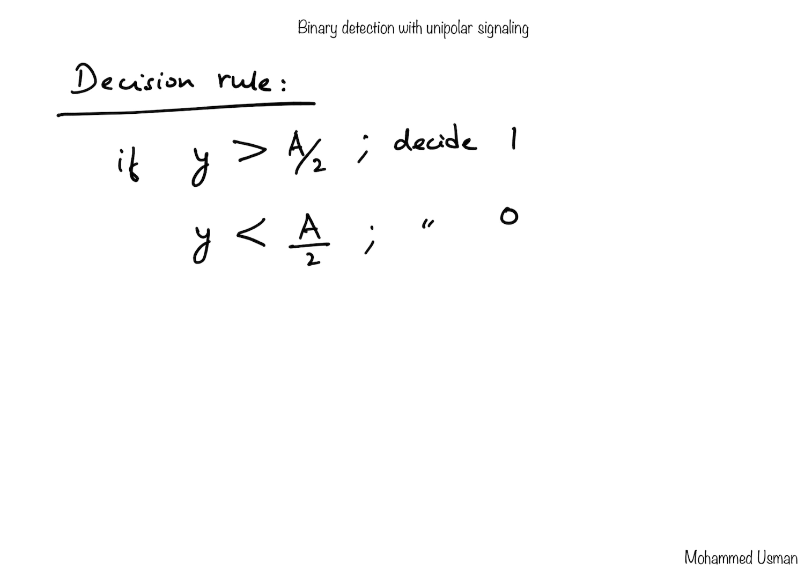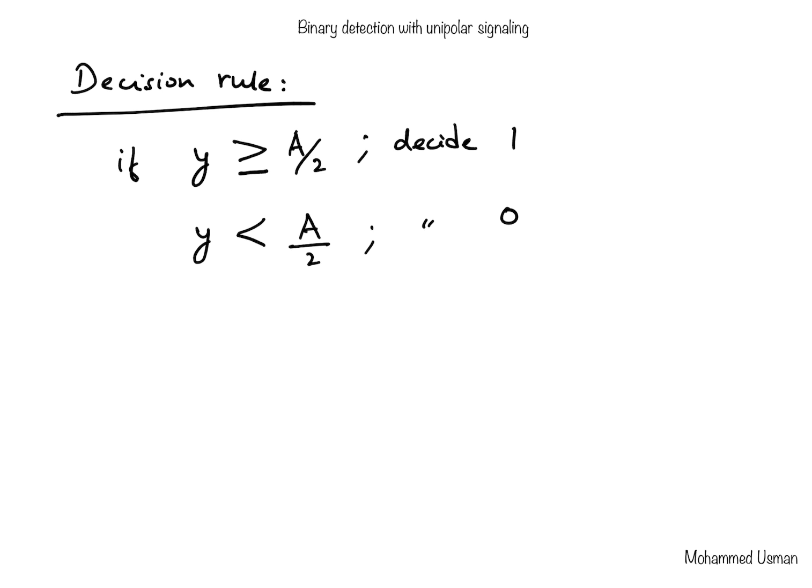Occasionally, but very rarely, the received signal will be exactly equal to the threshold, exactly equal to A by 2. In that case, we have no choice but to arbitrarily guess whether it's a 1 or a 0. In terms of the rule, we can put it in favor of either a 1 or a 0. I'm just going to put it in place of the 1. So if it is greater than or equal to A by 2, the threshold, we will decide 1. If it is less than the threshold, we will decide 0.